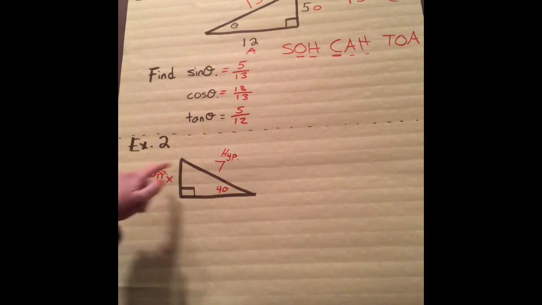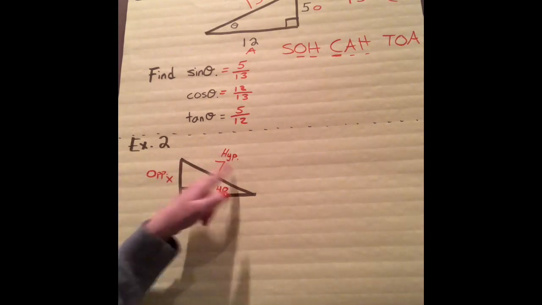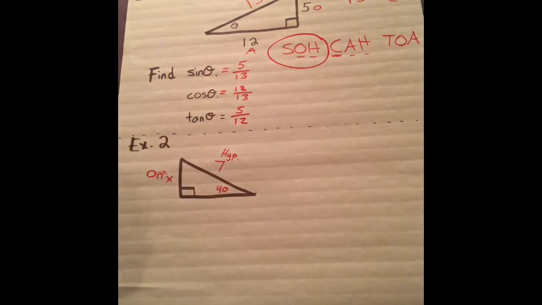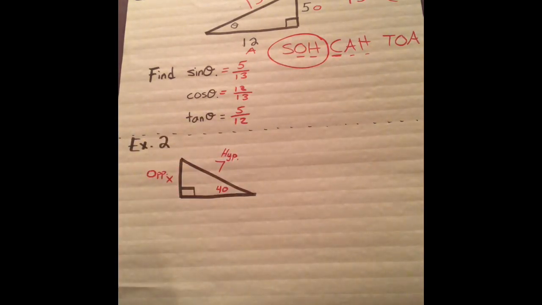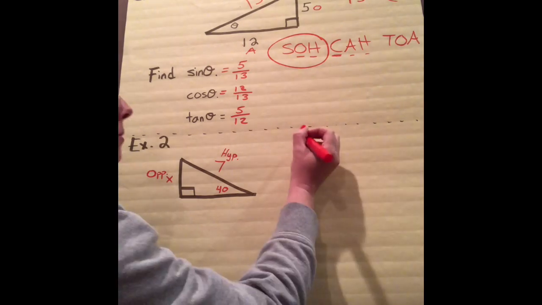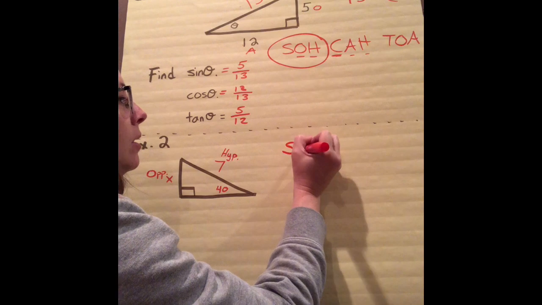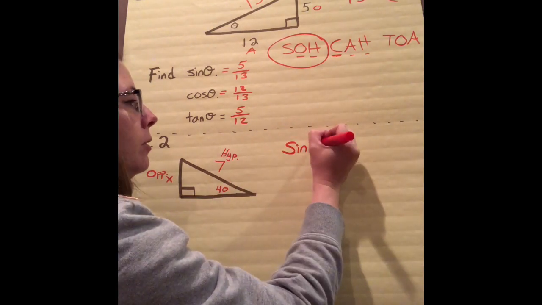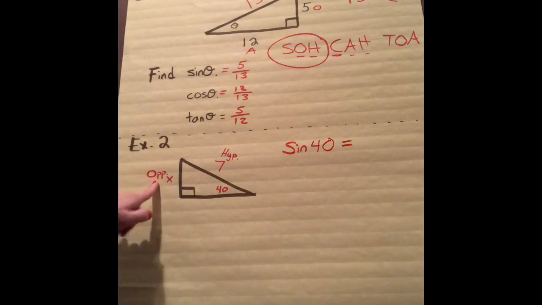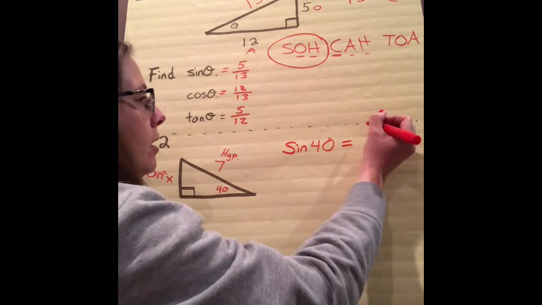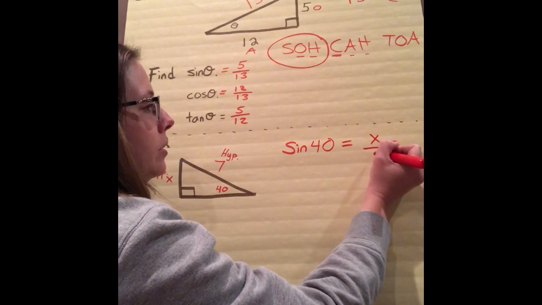Because when I have opposite and hypotenuse, I know that that means sine. Sine is opposite and hypotenuse. So right there, knowing this, in these sides, I can set up an equation, which will allow me to solve for X. So sine of the angle, sine of 40 degrees, equals opposite over hypotenuse, X over 7.